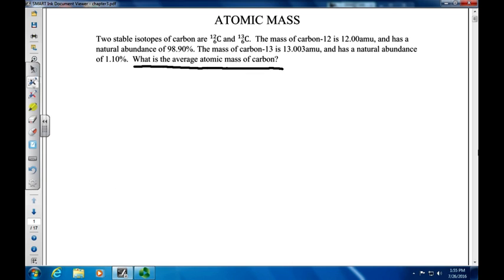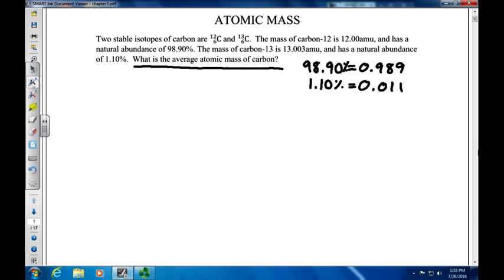So 98.90% is the same as saying 0.989 and 1.10% is the same as saying 0.011. It's fairly simple.